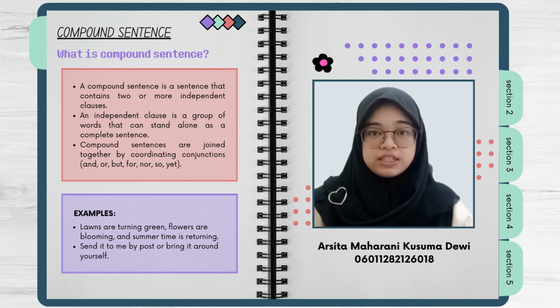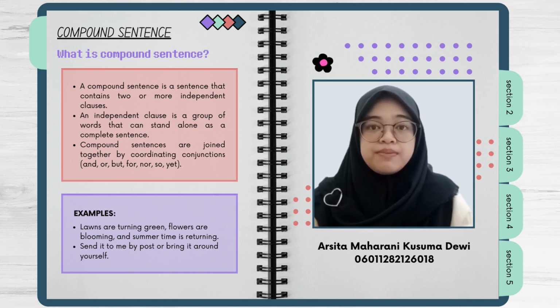Within this structure, independent clauses, which contain a subject and verb and can express a complete thought on their own, play a vital role. Coordinating conjunctions act as the glue that holds these independent clauses together.